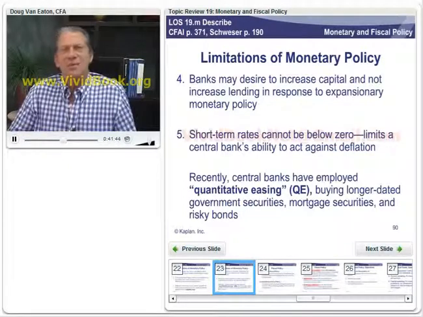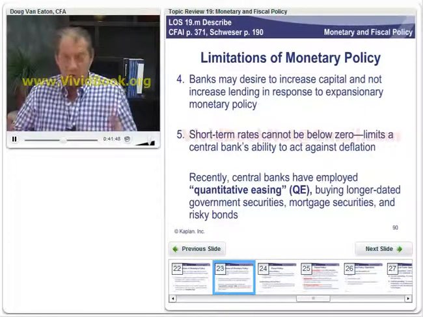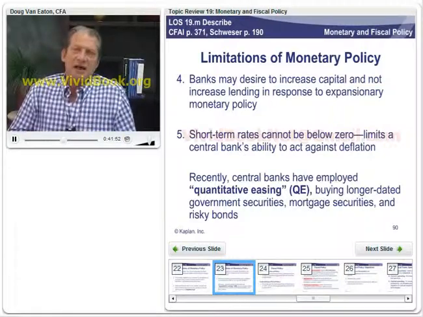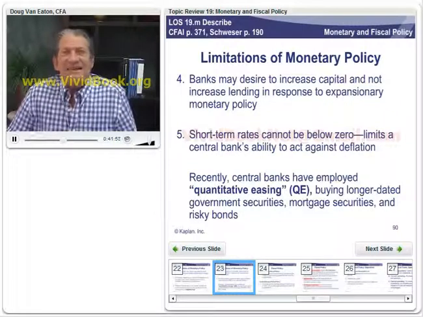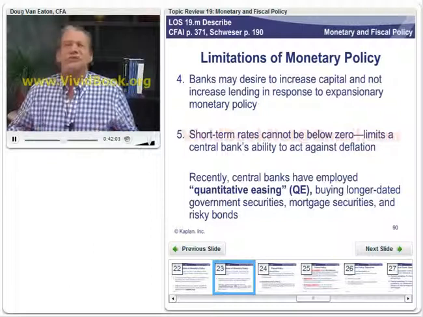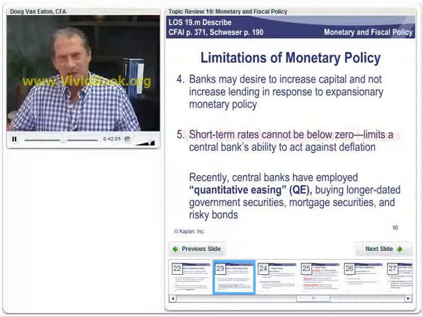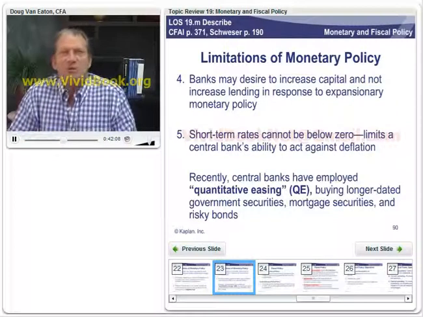There's lots more money out there, but instead of turning around and lending it, which is what would support this deposit expansion multiplier and growth in the economy, they decided, well, they didn't have enough equity capital, and they needed to increase that. So they used those funds to increase their equity capital rather than lending them out. And so that's kind of a break in this transmission mechanism as well.